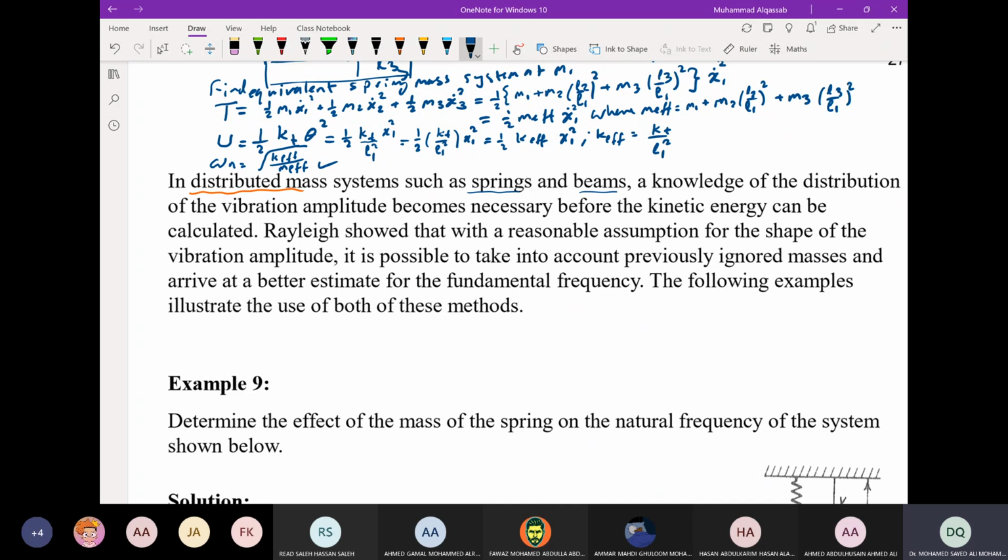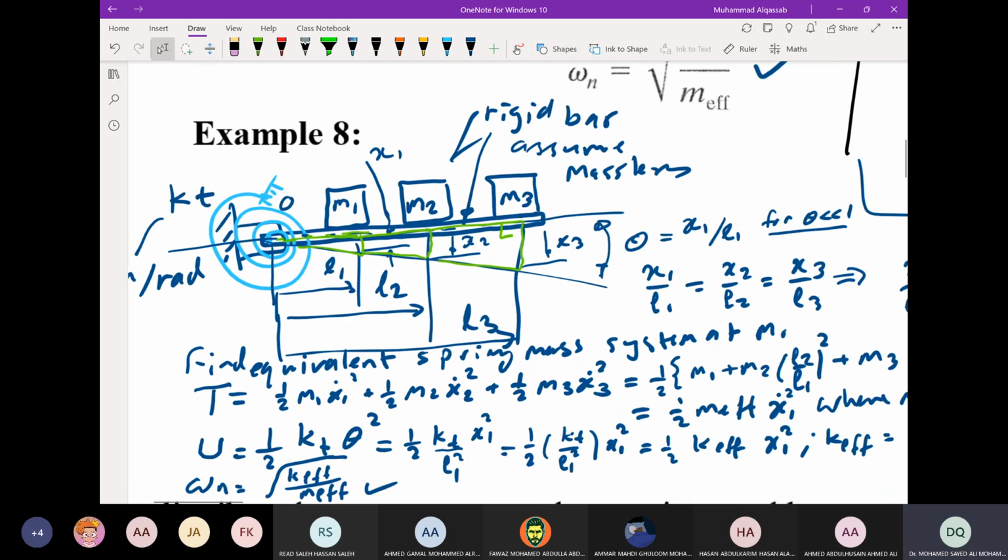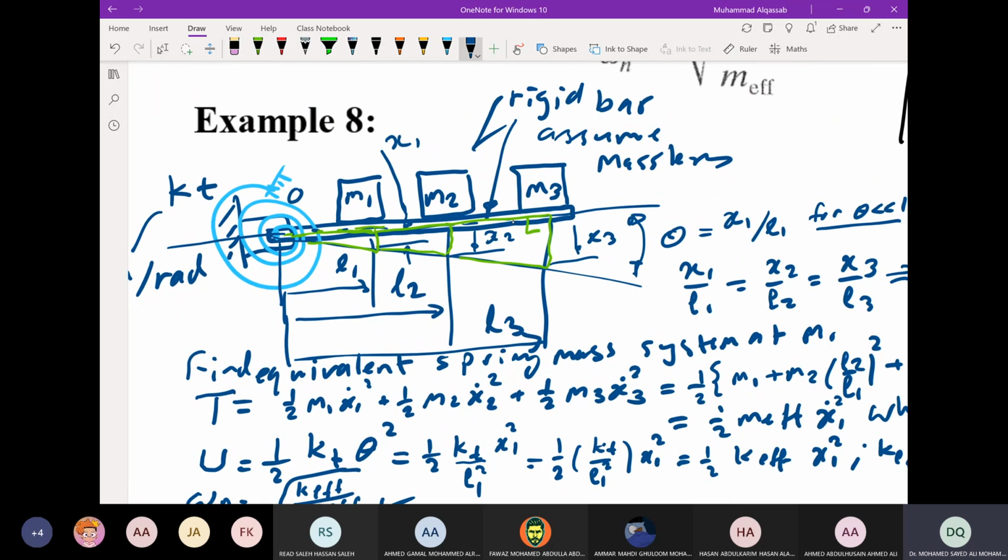We assume they are rigid. If they are pivoted, their motion is neglected, meaning the relative motion of points. This is pivoted, right? This bar, we assume it is rigid because it is pivoted, and the relative motion of the points on the bar is very small compared with the angle theta. This is why you can assume rigid. And also it should have a high moment of inertia I, of the cross-sectional area.